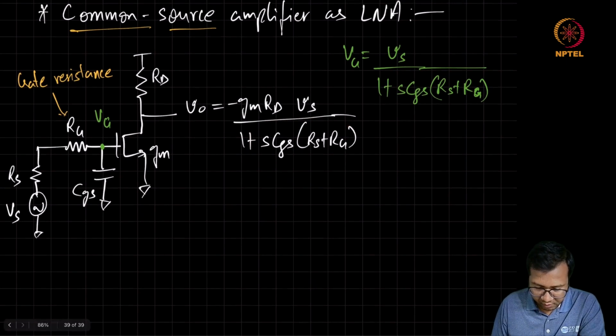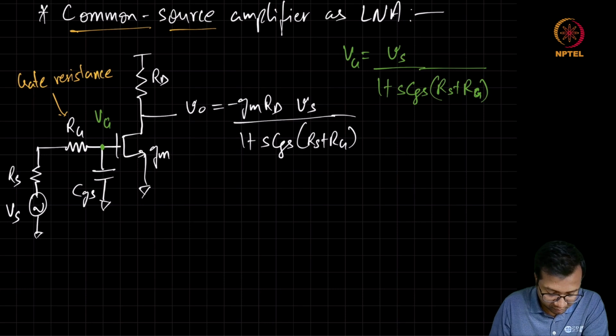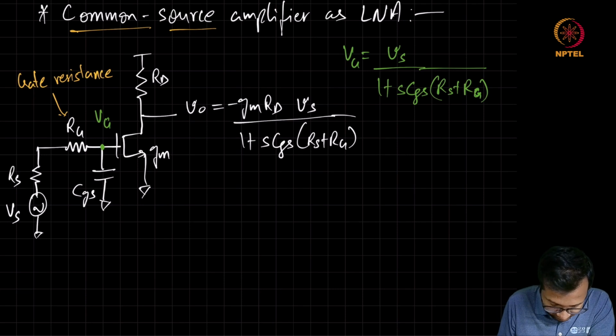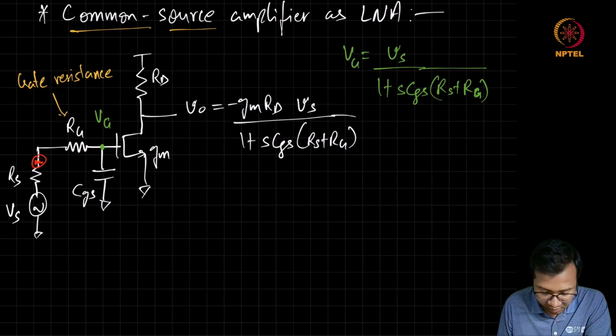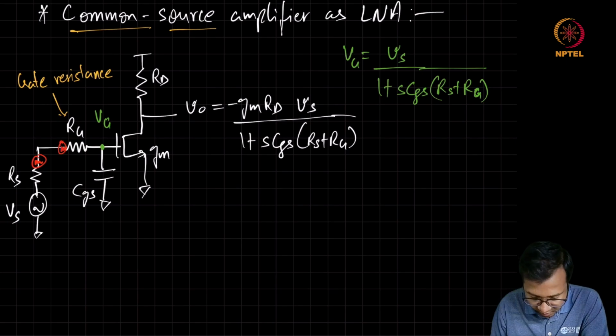Okay, so now let us try to find out what the noise figure of such a simple common source amplifier is. To do that, let me show the noise sources. So this Rs is going to add noise. Rg will also be adding its own noise.